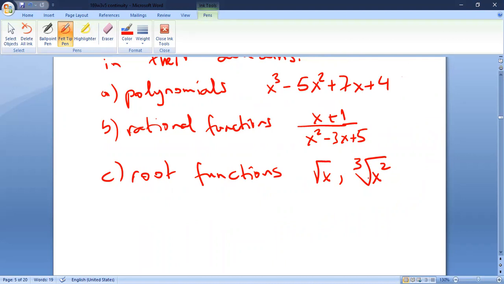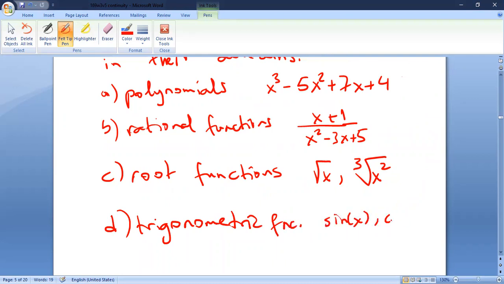The second one is defined everywhere and it's continuous everywhere. The trigonometric functions: these are sine, cosine, tangent, secant, and there are also cotangent and cosecant, etc.